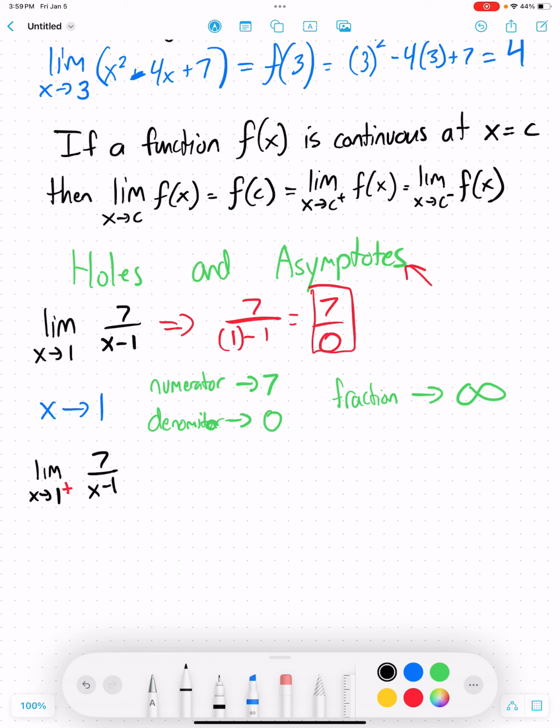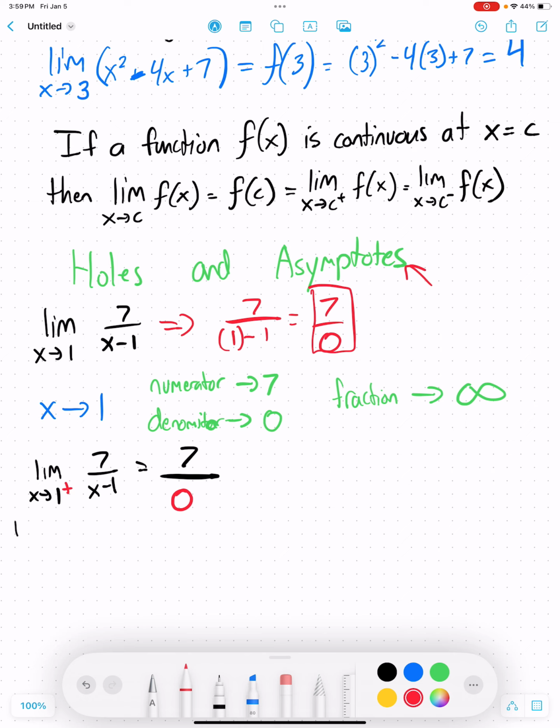Of course, the numerator is not changing. But what's happening in the denominator? If I'm approaching from numbers slightly bigger than 1, then what happens when I take that number and subtract 1? I'm still approaching 0 here.